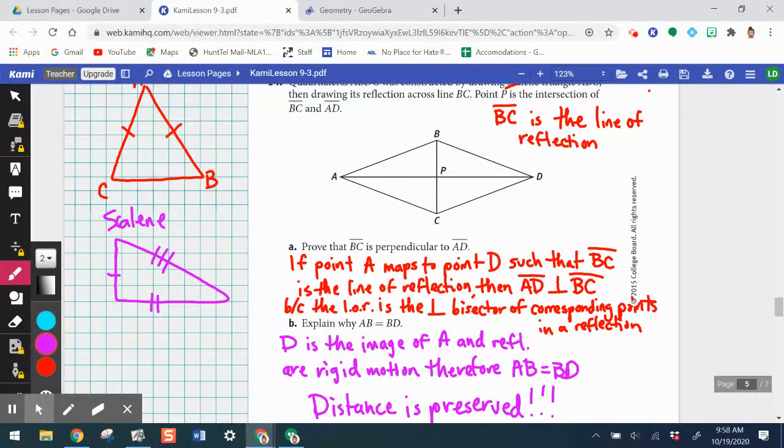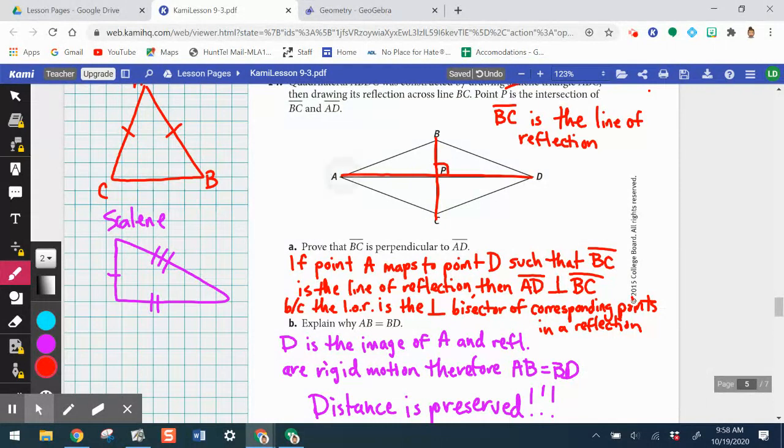And I said if point A maps to point D, and that's what we know about a reflection, that if line segment BC is the line of reflection, however far point A is from P, that's how far it will be mapped to on the other side. So if point A does in fact map to point D, such that line segment BC is the LOR, then line segment AD has to be perpendicular to BC, because the line of reflection is the perpendicular bisector of corresponding points in reflection.